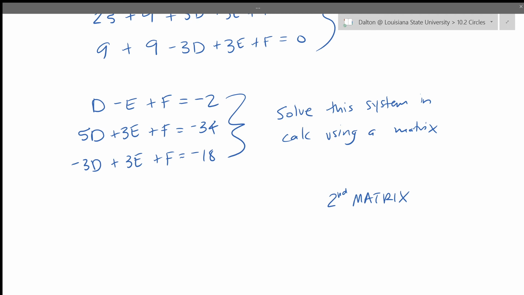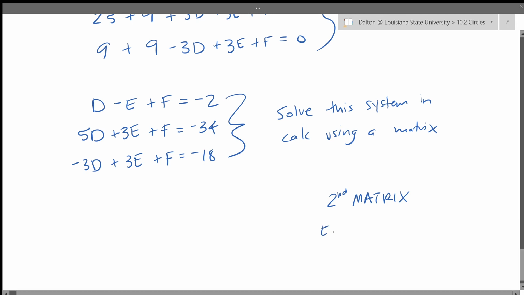When you hit second matrix, it's going to take you to a screen, and probably you don't have any matrices saved in there. So then you want to scroll over to edit, and just for the sake of the video, we'll all edit the first one, which will be matrix A. So then click enter.